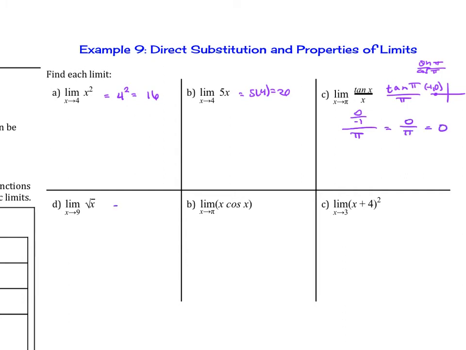For letter D, as x approaches 9, we get 3. Here, we get the limit of x cosine x as x approaches pi, so pi cosine pi. Cosine of pi is -1, so this answer is -pi. For letter C, 3 plus 4 squared is 7 squared, or 49.